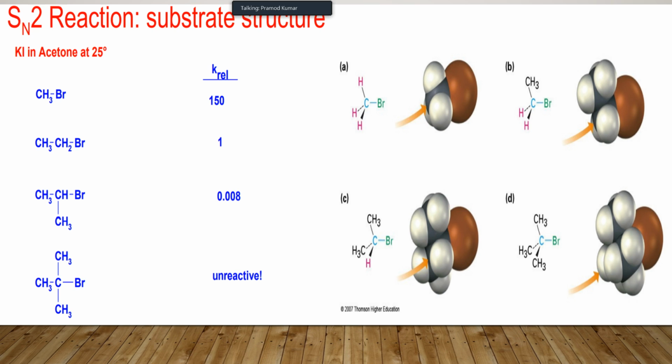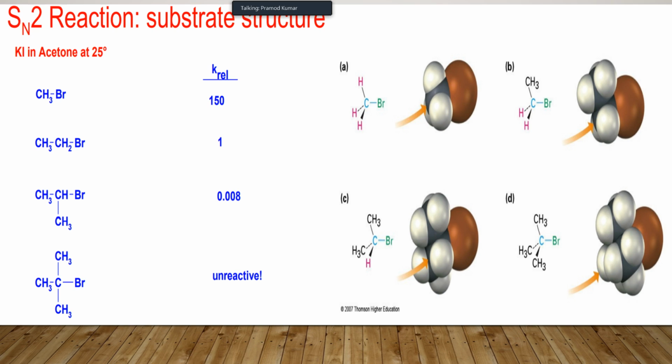Now let us see some examples. Let us see methyl bromide. The rate of reaction is 150. It's very fast. Similarly, a primary alkyl halide which is bigger in size and has higher molecular weight will react more slowly because of the bulkiness.